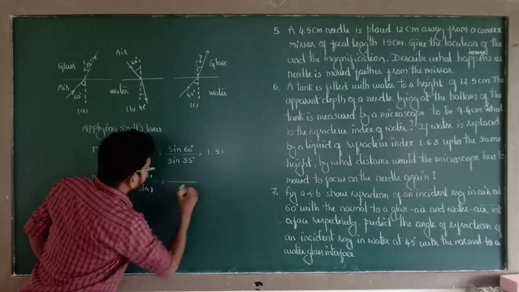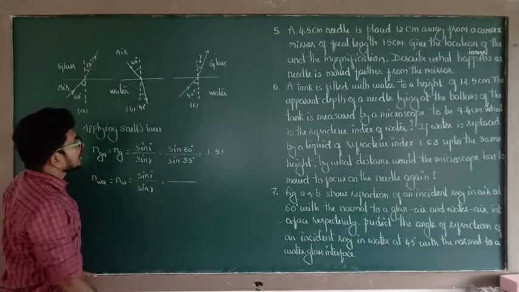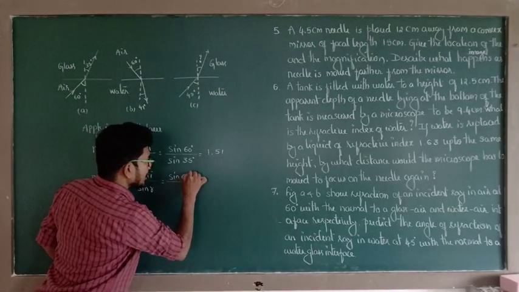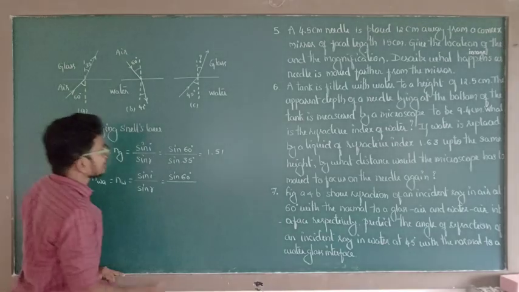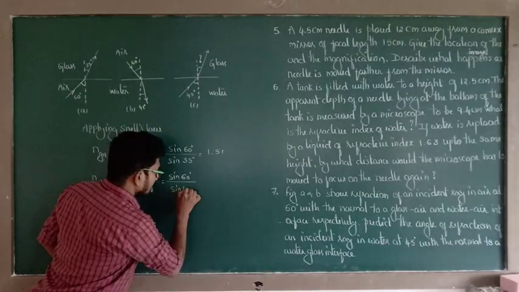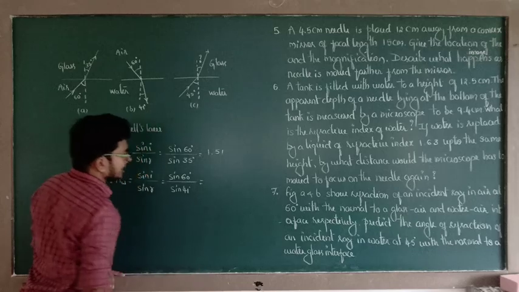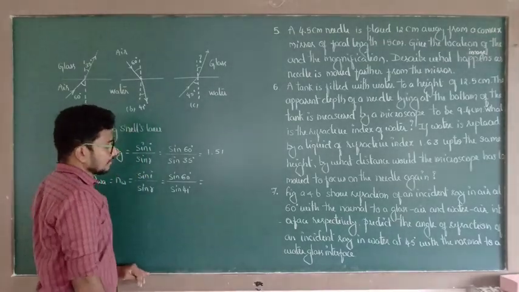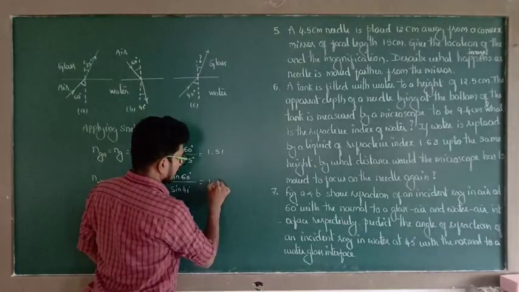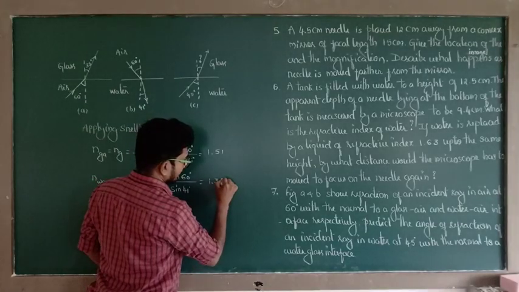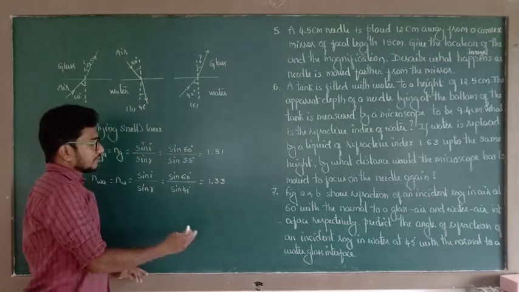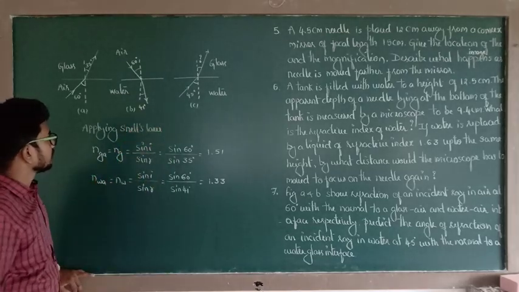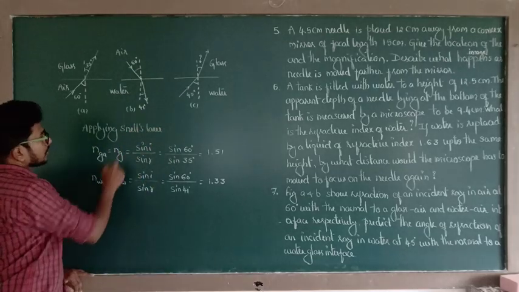In the second diagram, the angle of incidence is 60 degrees, sin 60 degrees, and r is equal to 41 degrees, sin 41 degrees. So here we will get the absolute refractive index. We already know the value of the absolute refractive index of water. Approximately we will get 1.33, or 1.3 something. So this is the first case, and this one is the second case.